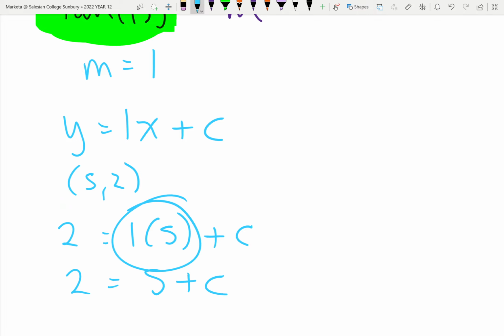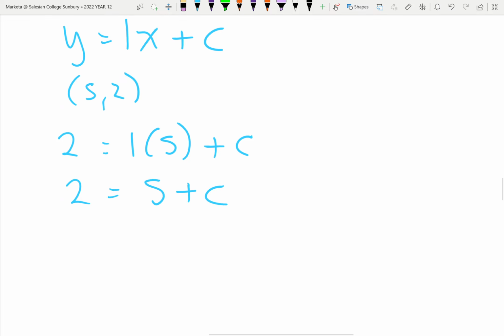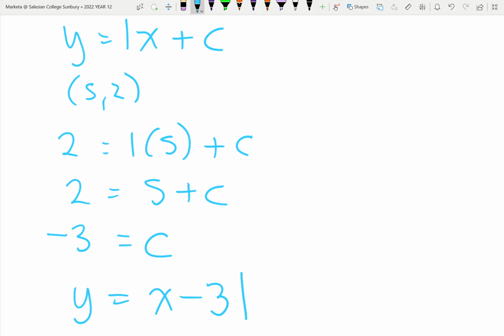Notice that I always use brackets. It's really not a good idea to use a multiplication sign in more complex calculations. It ends up looking like an x, and people end up making stupid mistakes. So use brackets, they're nice. So y equals x minus 3 would be our final answer.